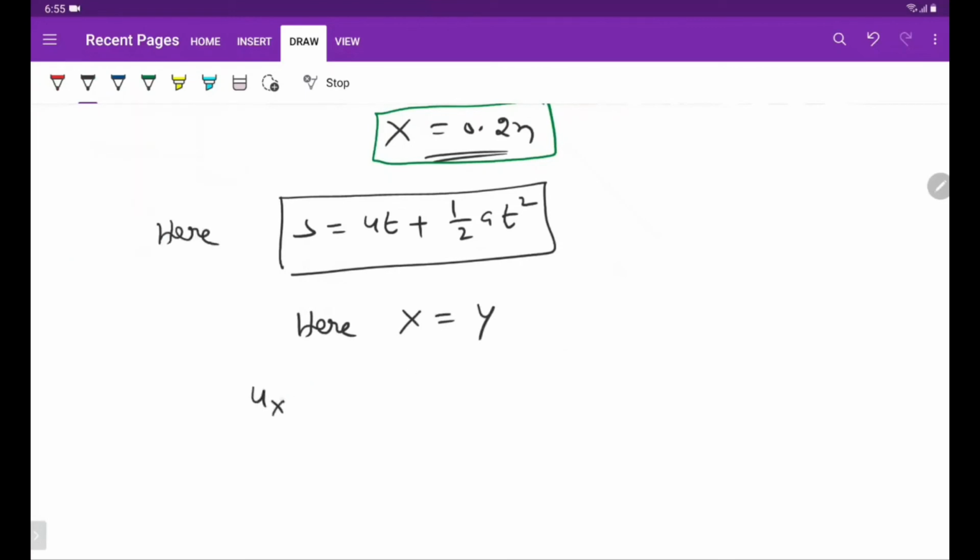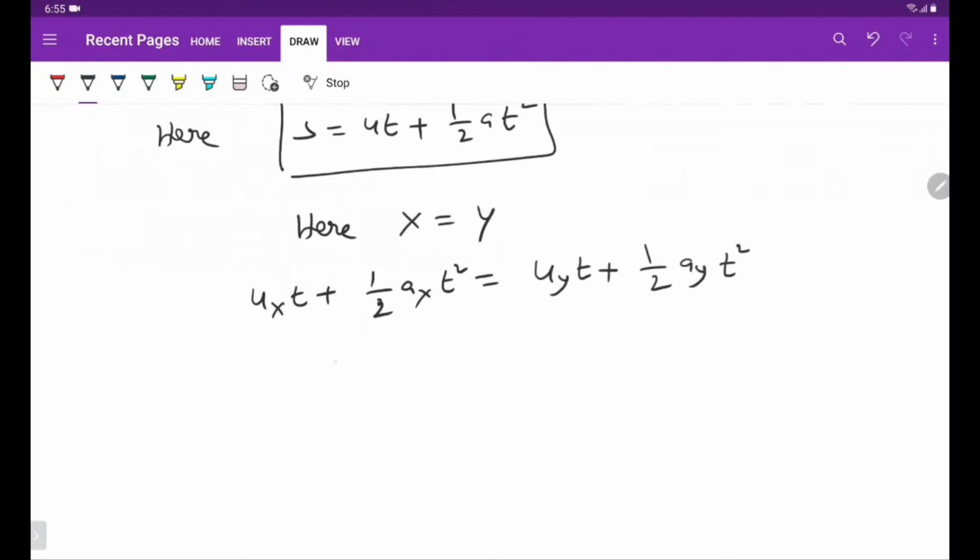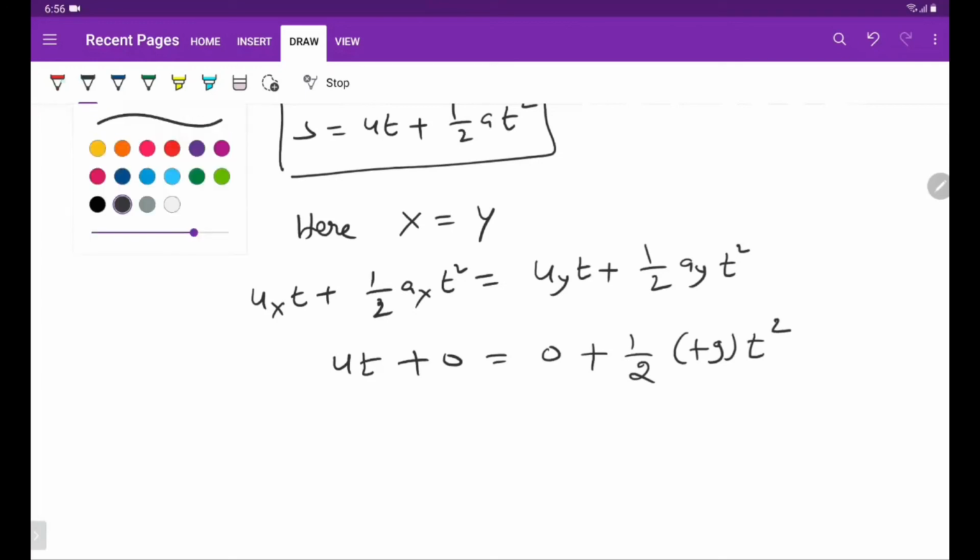So x is uxt plus half ax t square, and y is uyt plus half ay t square. Initially we are throwing horizontally, so uy is 0 and ax is 0, and ay is plus g, because g is in the downward direction.